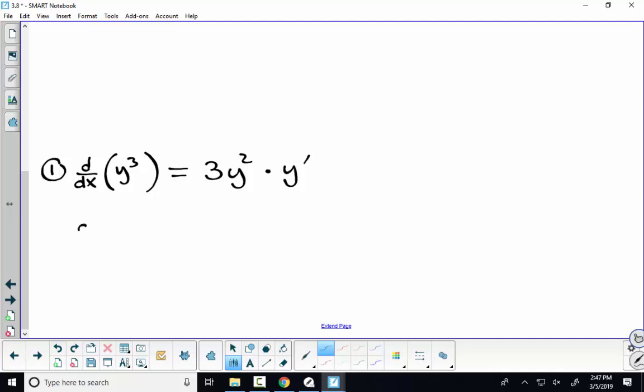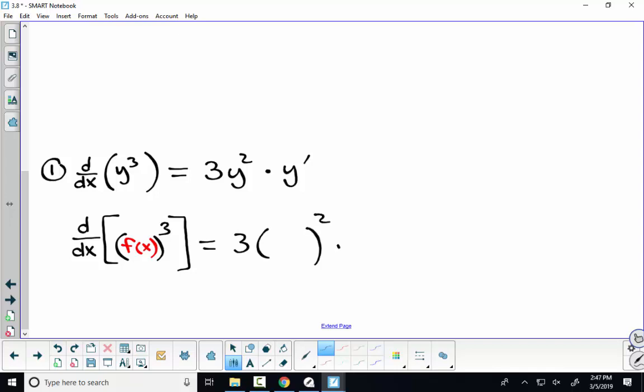Now, if you need to think about it as I'm actually taking the derivative of y to the third power, but y is some unknown function of x, and you have to write it out like that to remind yourself to include the y prime, there's nothing wrong with doing that. So that's 3 times f of x squared times the derivative of f of x via the chain rule.